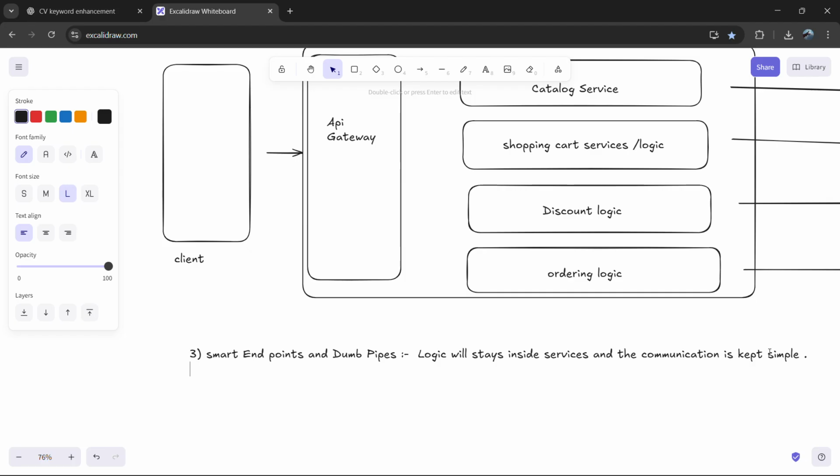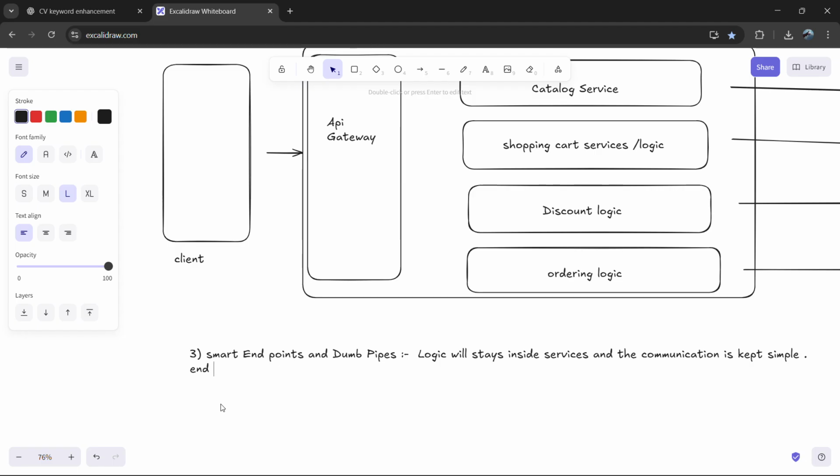In this point, all the communication between the individual services, suppose service A, the catalog service, wants to communicate with service B, and service B wants to communicate with service C. So how will they communicate? They will communicate through the endpoints. And what is an endpoint?